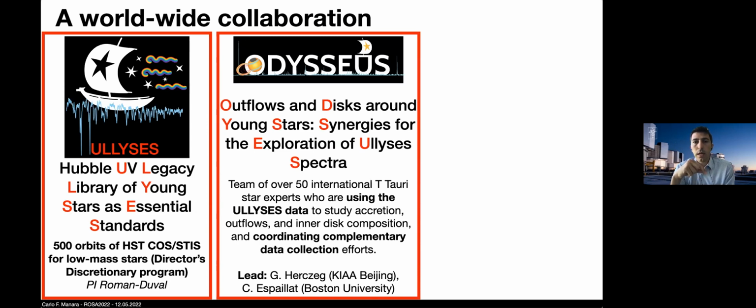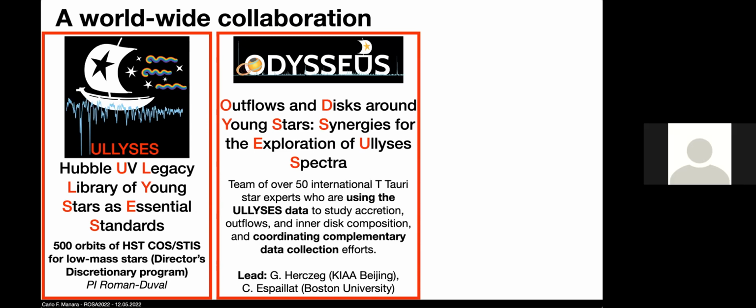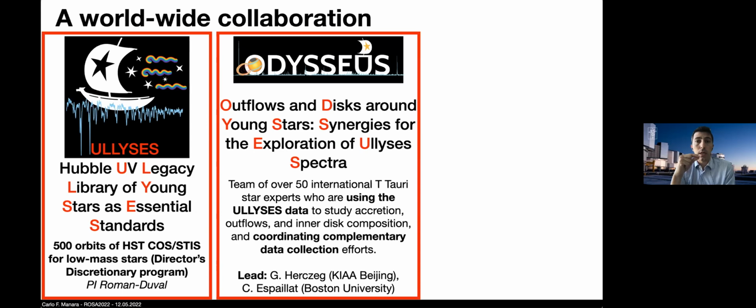So we contributed to the selection of the targets at the very beginning, and then we decided to put together a proposal to get funding through the HST to fund work of postdocs and PhD students, and to start a broad collaboration where everyone should be involved and should be able to collaborate on getting the best out of the data.